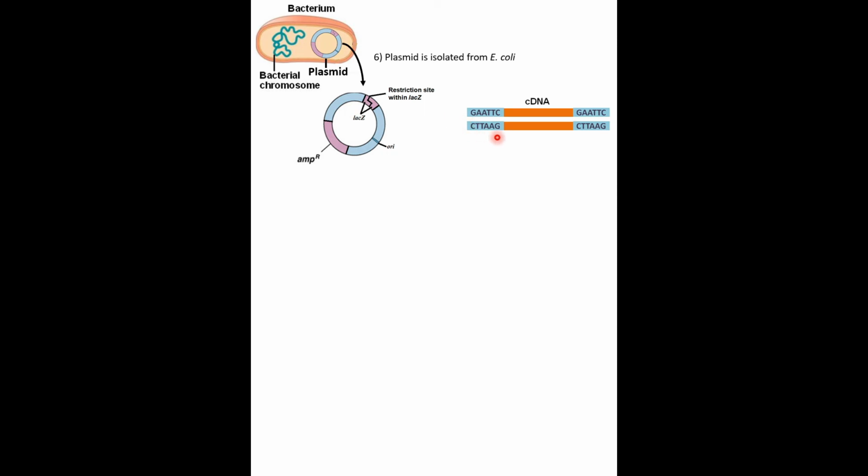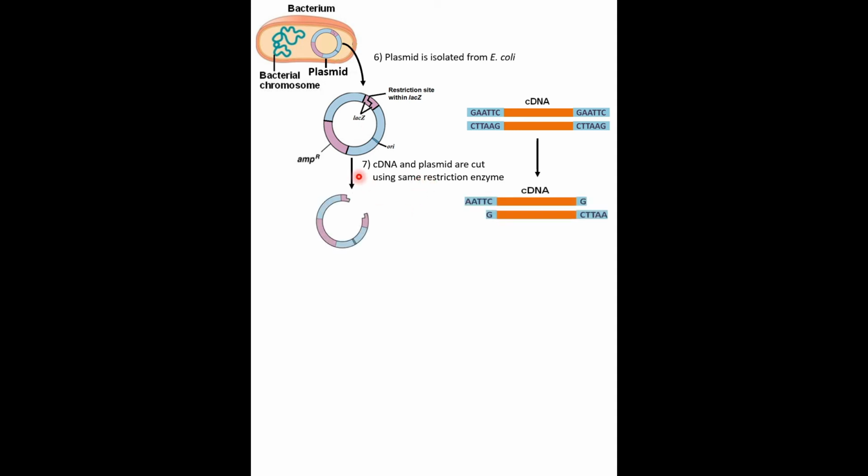And this is the cDNA just now. Both cDNA and plasmid are cut using the same restriction enzyme. So this is the open plasmid, and this is the cut cDNA. And both produce complementary sticky end.